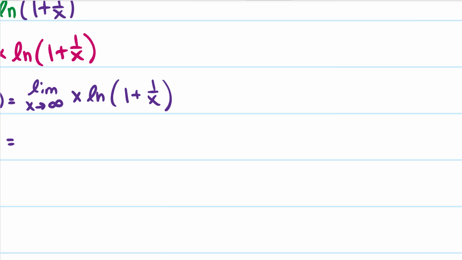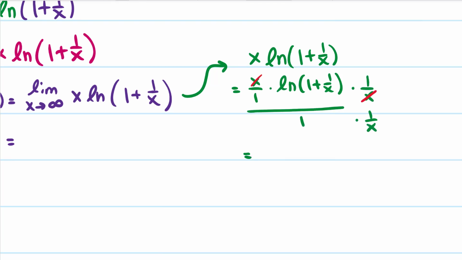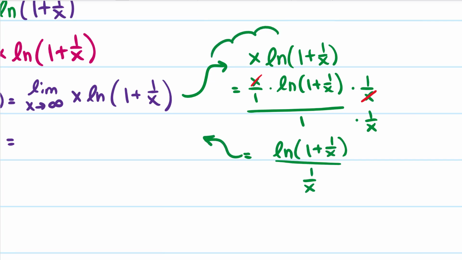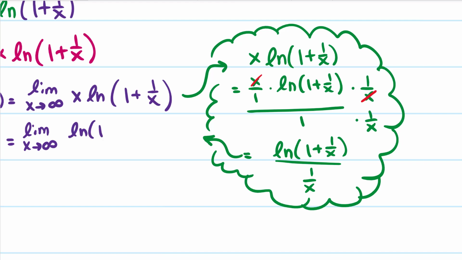And the way we're going to do that is by doing some fancy algebra. And so rewriting this as a fraction, I'm going to get the limit as x approaches infinity of ln of 1 plus 1 over x divided by 1 over x.